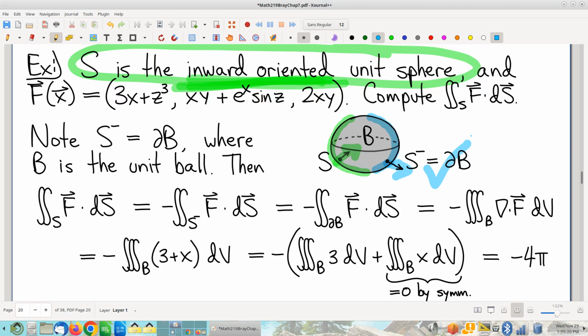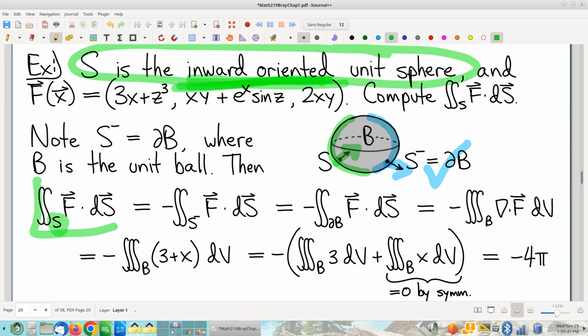So, how are we going to deal with the fact that what we're interested in is the green surface, but what's much easier to deal with is the blue surface? The blue surface is much easier to deal with because it's a boundary. Boundary fluxes, we're allowed to use our new shiny tool. So we need to relate these to each other. And of course, this is an easy relationship to observe.